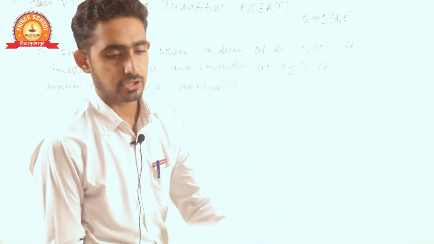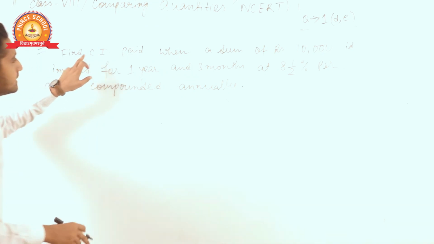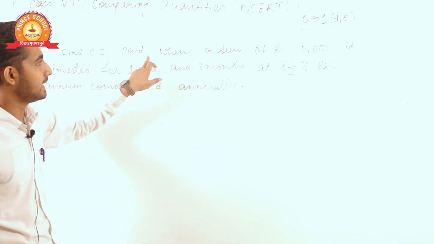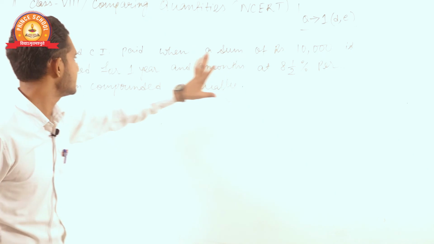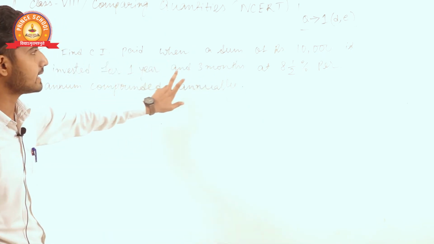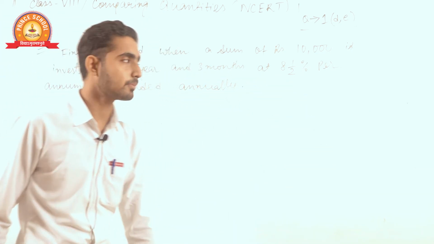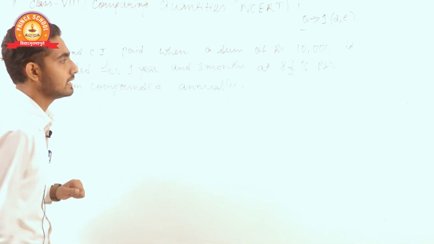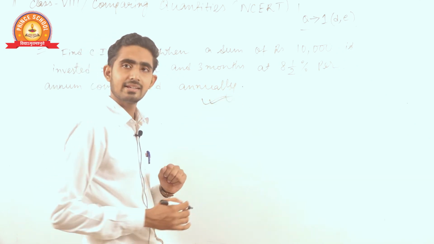That is a very easy question. Find CI paid when a sum of rupees 10,000 is invested for 1 year and 3 months at the rate of 8 and 1/2% per annum compounded annually. You have to find out this question. That is your homework. Okay, thank you. Have a nice day.